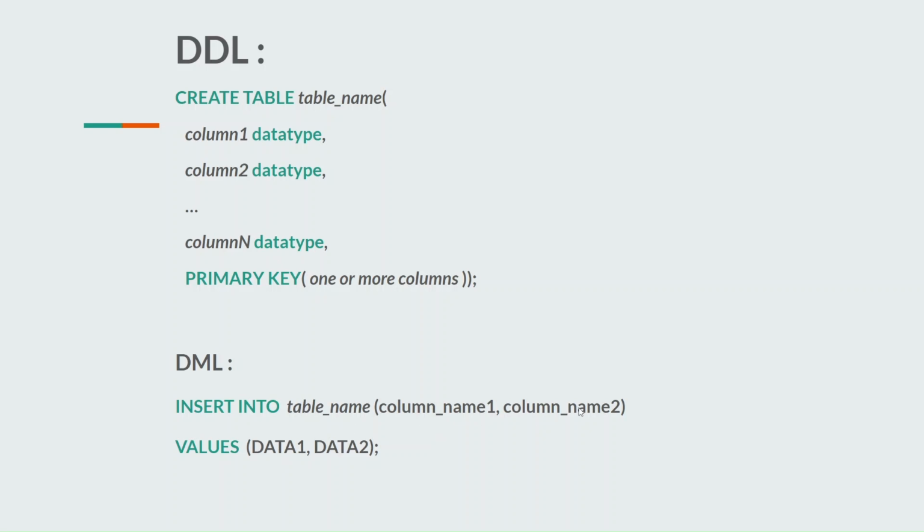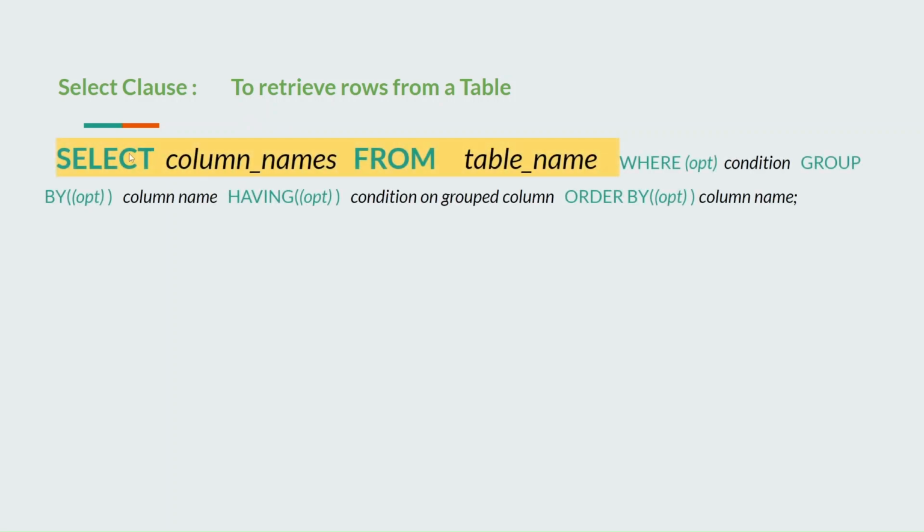Similarly, for the select clause, or the data query language, when we want to retrieve the rows from a table, the syntax followed is select column names from table name. If you want to select all the columns, we issue a star in place of the column names so that all the columns in a table are selected and displayed.